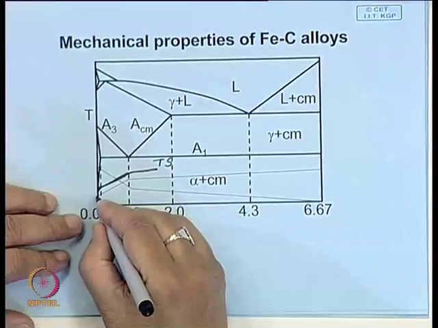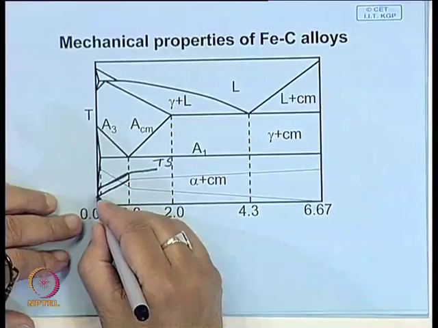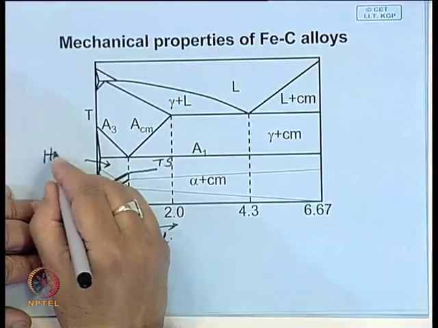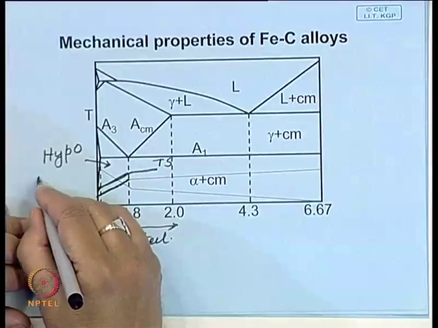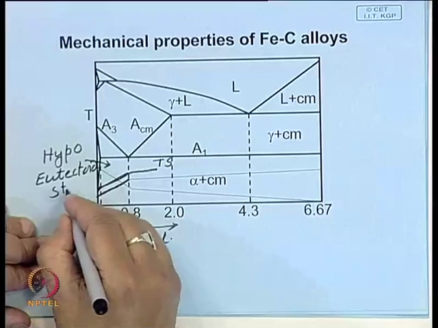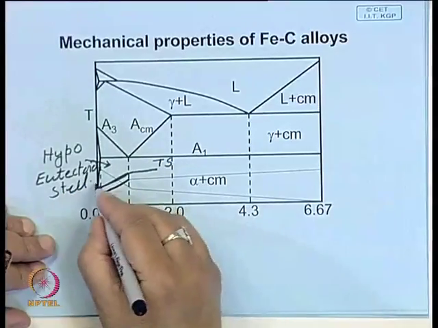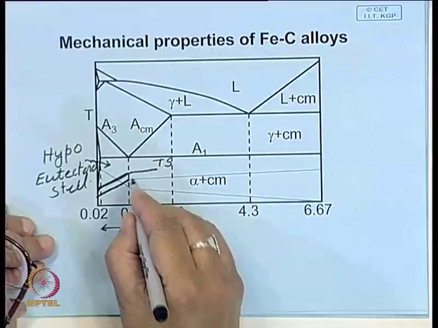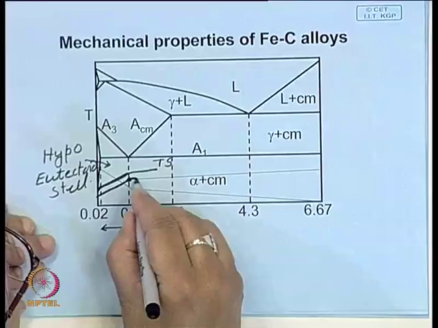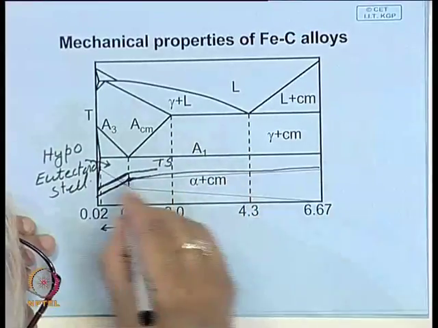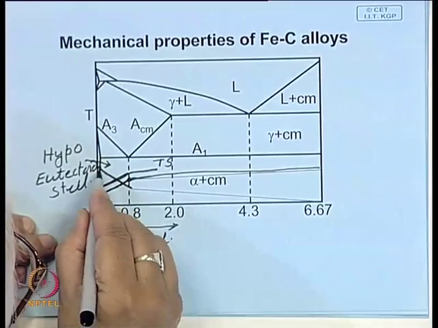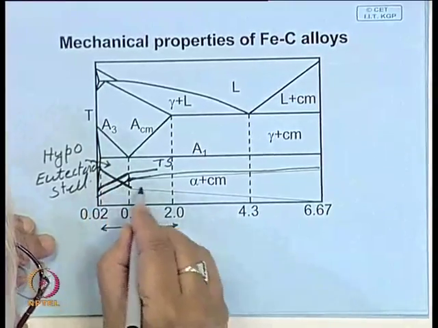If you measure hardness, this hardness also increases linearly in this part, which is called hypoeutectoid steel, and eutectoid steel. So, here this portion increases more or less linearly, and cementite is quite hard, but thereafter the hardness does not increase much, a slight increase is there. But look at the ductility. Here, as the strength increases, ductility goes down.